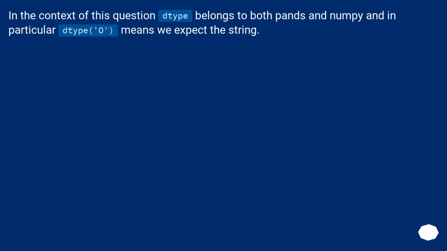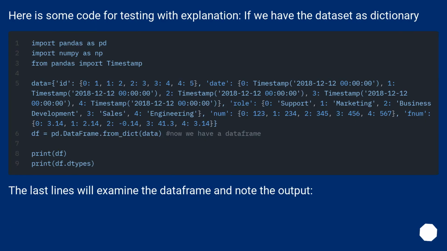In the context of this question, dtype belongs to both pandas and numpy, and in particular dtype O means we expect the string. Here is some code for testing with explanation, if we have the dataset as dictionary.